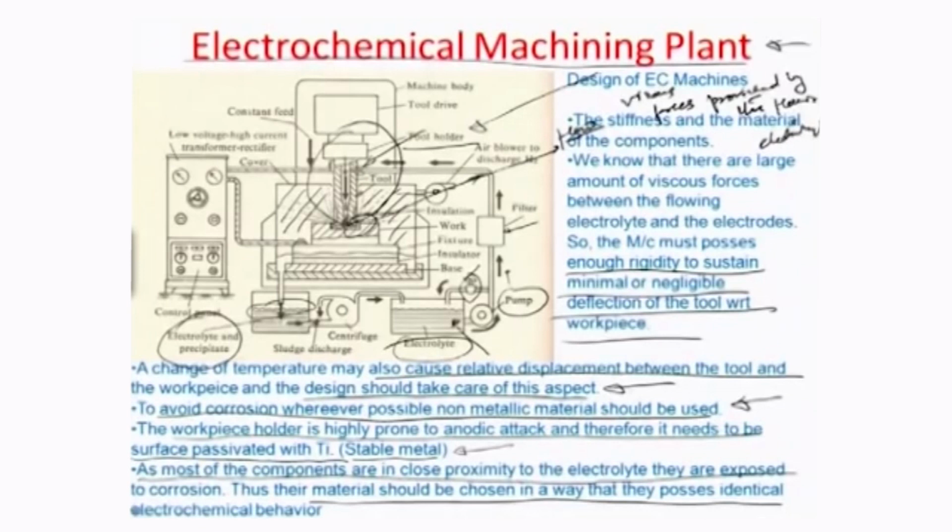So in a nutshell, the job of a designer of an electrochemical plant is really to look at the machining system from an overall standpoint. The main idea is that whatever electrochemical changes are happening should be limited to either the tool or the workpiece, okay, and that also on a very minuscule basis on the tool side.